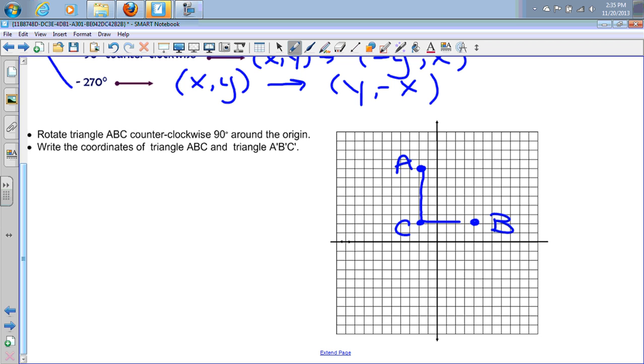Here's triangle ABC. You are going to write the coordinates of triangle ABC. You're going to rotate counterclockwise 90 degrees and then come up with triangle A prime, B prime, C prime. When you are done, check with me to complete that item on your checklist.